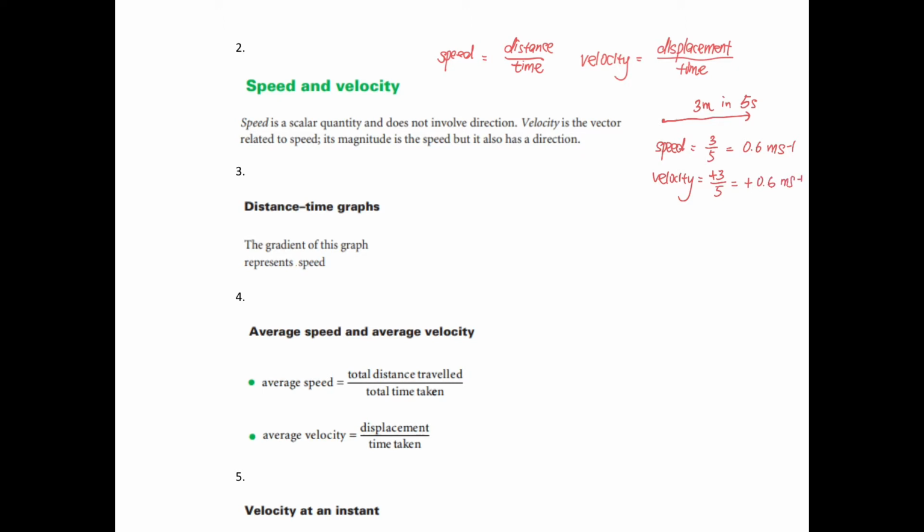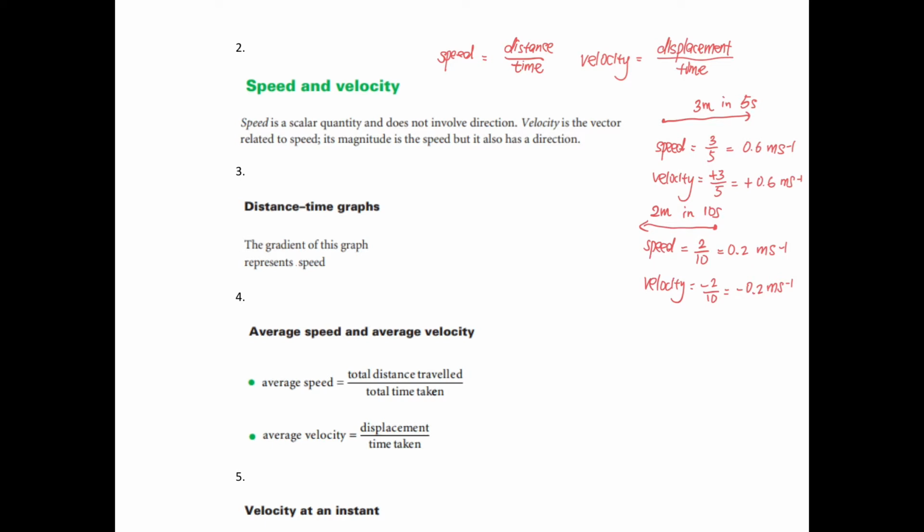So we use positive to represent the direction. If you have an object moving to the left, let's say 2 meters in 10 seconds, the speed, we don't care about the direction, so it's 2 over 10, which is 0.2 meters per second. But the velocity is negative 2 over 10, which is negative 0.2 meters per second.